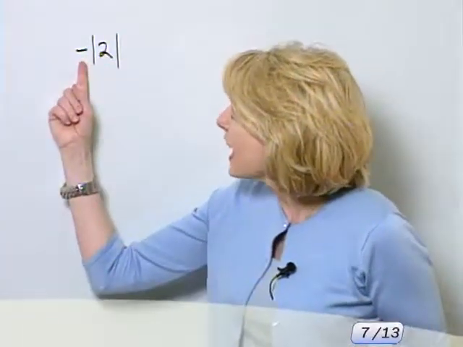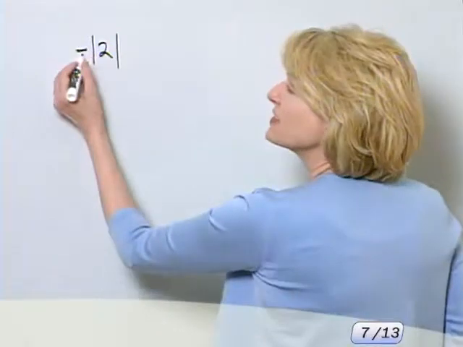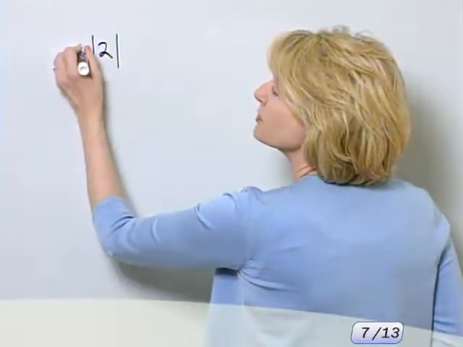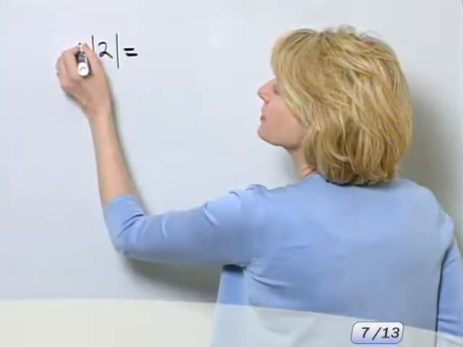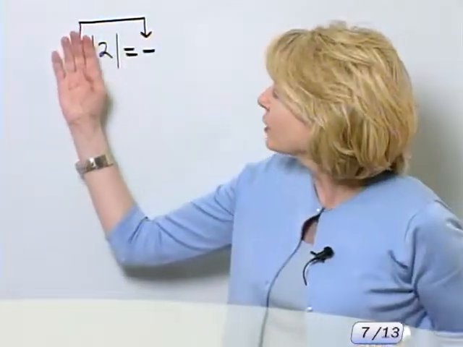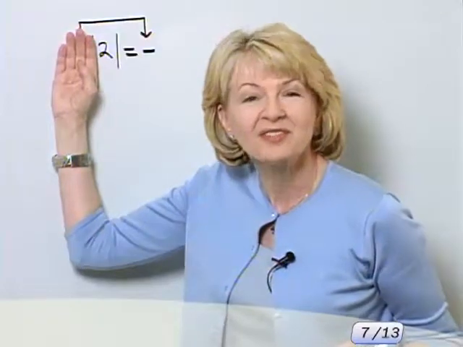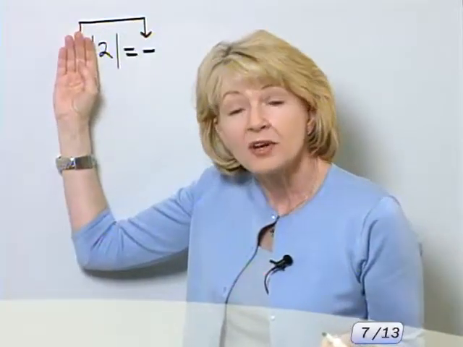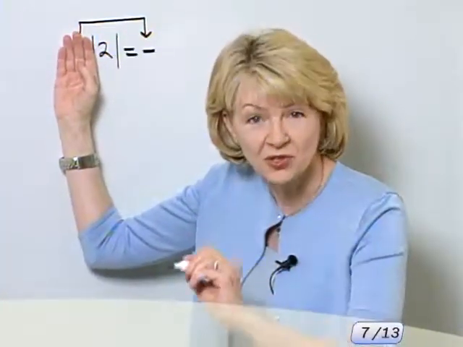So let's simplify a few numerical expressions. Here I have the opposite of the absolute value of 2. Now be careful, this is outside the absolute value bars, so I simply rewrite that and now concentrate on the absolute value of 2. The absolute value of 2 is 2.